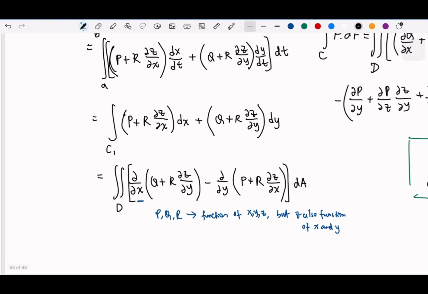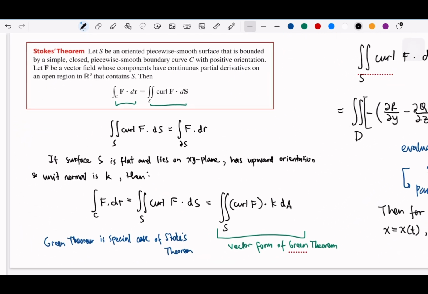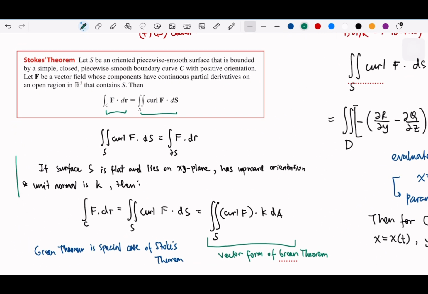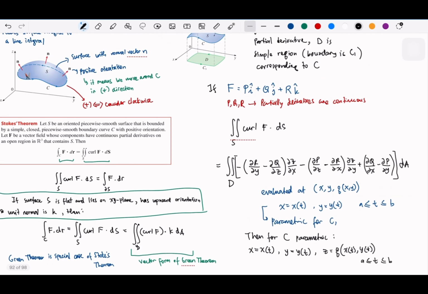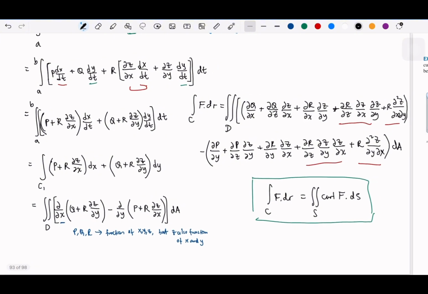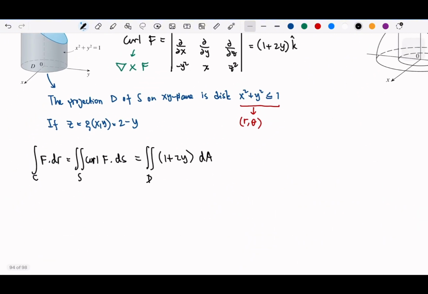For a surface that is flat, we can write the surface integral as a double integral over D. Basically, we dot with k, so that's why we have this part here, 1 plus 2y dA.